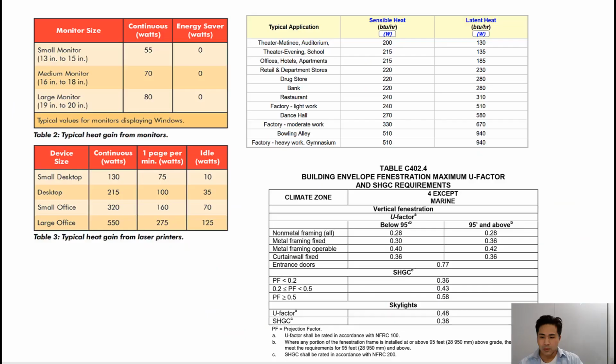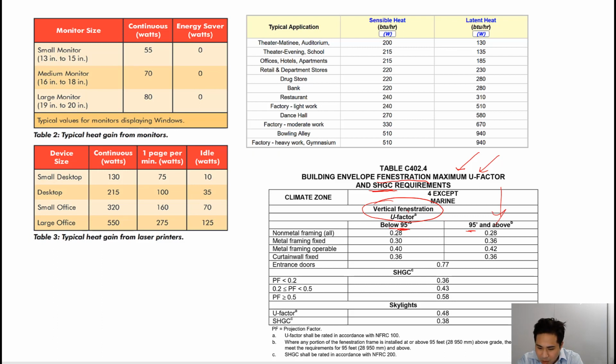Another table in the New York City Energy Code gives you the maximum U factor as well as the solar heat gain coefficient for fenestrations. Fenestration is just another name for glazing, which is also another name for just a window. So for the window that we used, let's determine if it actually complies with the energy code. If you look on the top, vertical fenestration, the U factor: this column is anything above 95 feet, and this is below 95 feet.